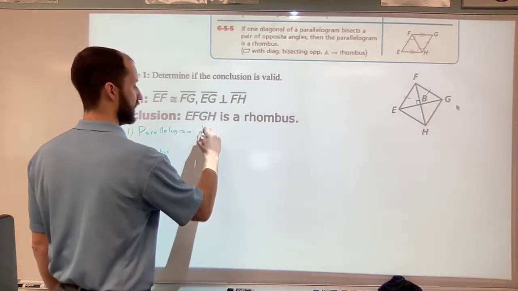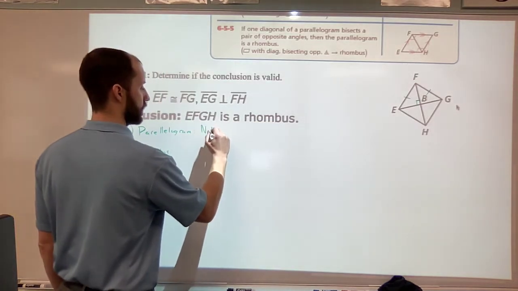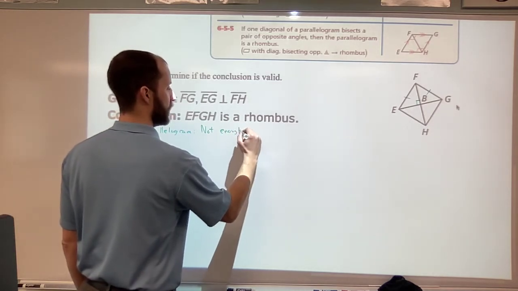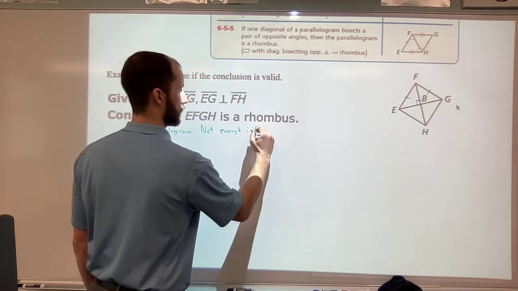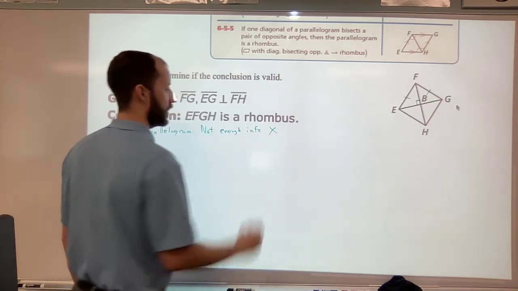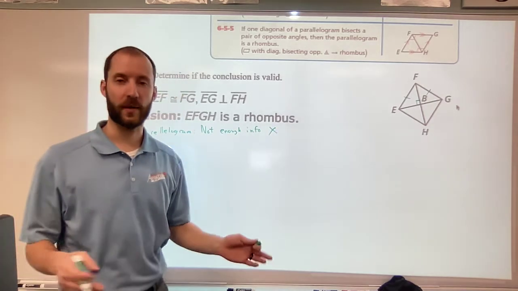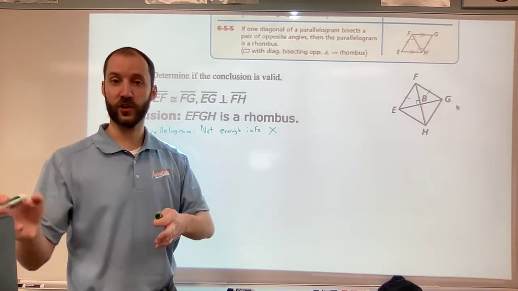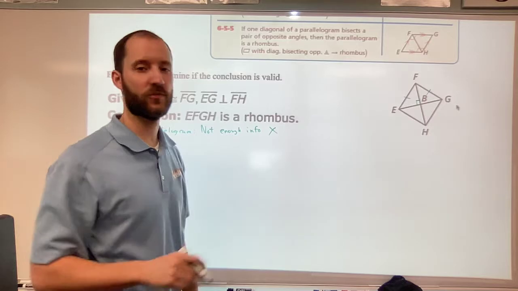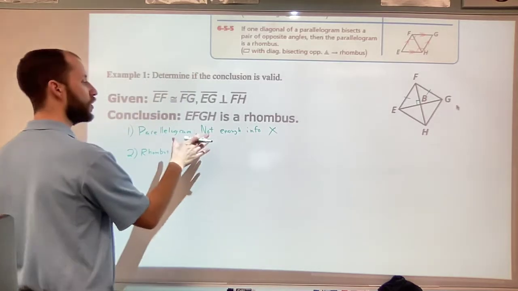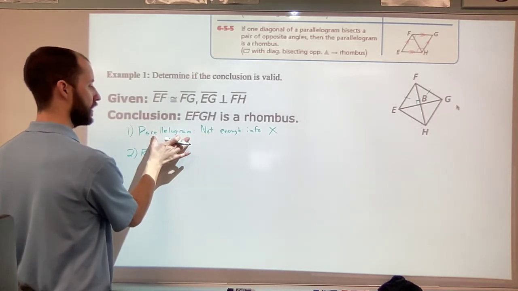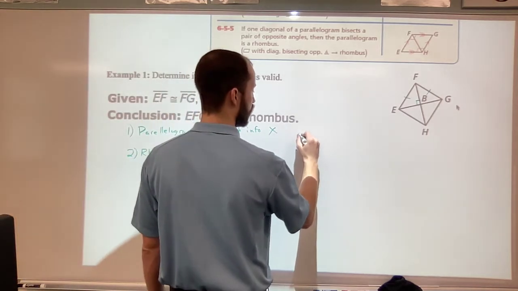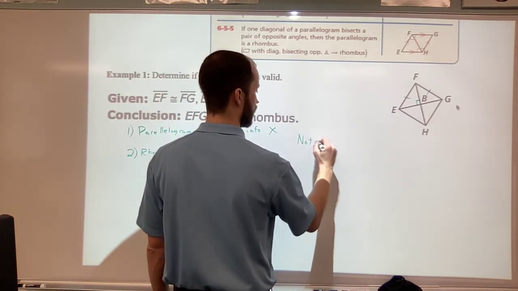And unfortunately, we do not have enough information to say the parallelogram first. You want to show the parallelogram first, then show the rhombus. So we can't show this before this, so this conclusion is not valid.